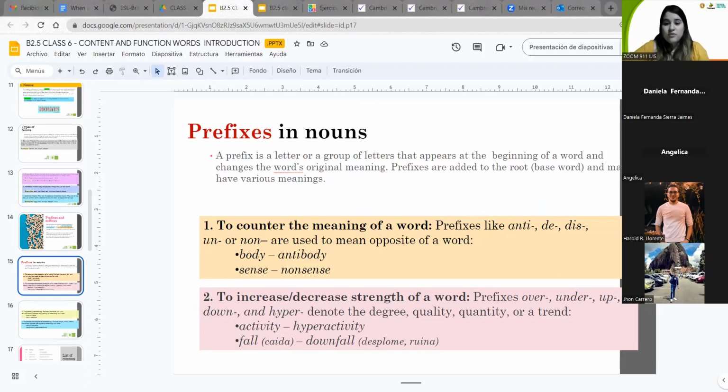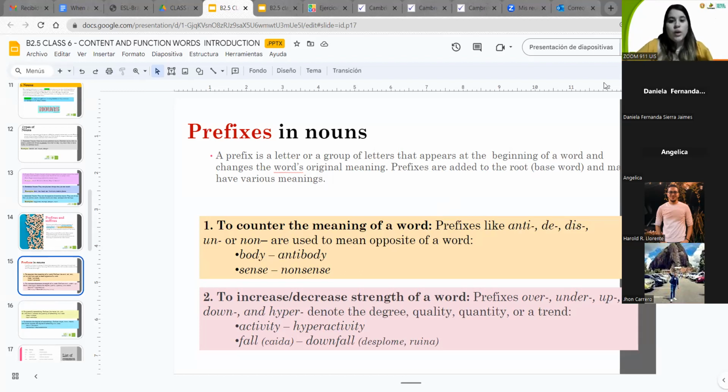To counter the meaning of a word, prefixes like anti, de, dis, non are used to mean the opposite of a word, like body, antibody, sense, nonsense. I'm going to share more information about this, and then a complete list, so I don't add a lot of information in the PowerPoint. I'm just giving you some examples, but I'm going to share more examples with you, okay?